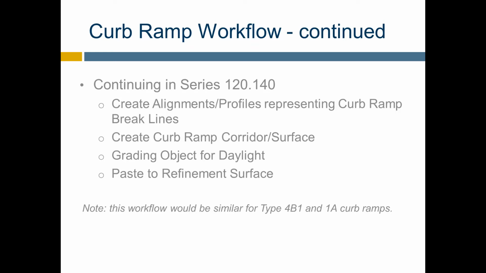Continuing, we'll create alignments and profiles representing the curb ramp break lines, and then we'll create a curb ramp corridor and surface. We'll then create an object for daylighting, and ultimately all of this data would be pasted into the refinement surface. I'm just looking at the type 2 curb ramps. This workflow would be for the most part similar for the type 4B1 and 1A curb ramps.